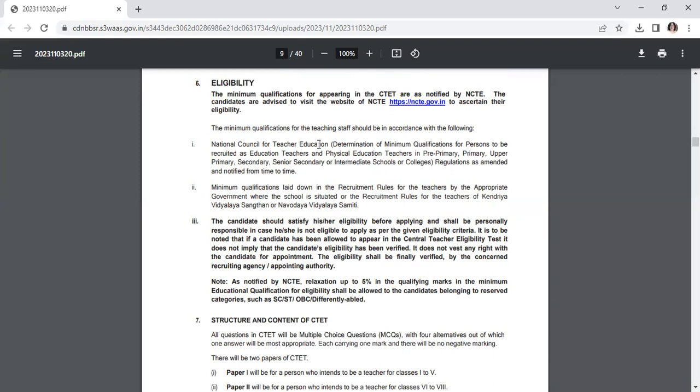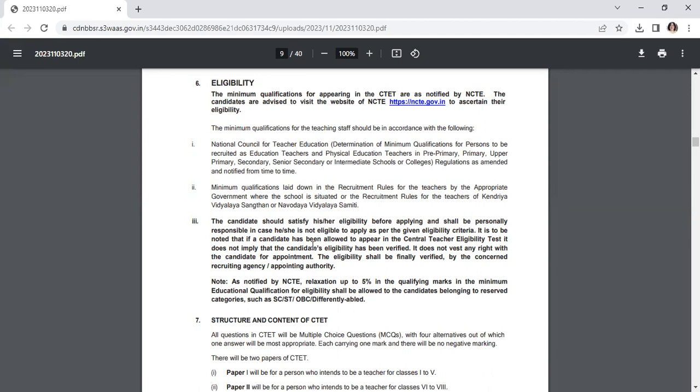The minimum qualification for teaching staff should be in accordance with the following: National Council of Teacher Education regulations as amended and notified from time to time; the minimum qualification laid down by the recruitment rules for teachers by the appropriate government where the school is situated; and the recruitment rules for teachers of Kendriya Vidyalaya Sangathan or Navodaya Vidyalaya Samiti. The candidate should satisfy his or her eligibility before applying and shall be personally responsible if she is not eligible to apply as per the given eligibility criteria.